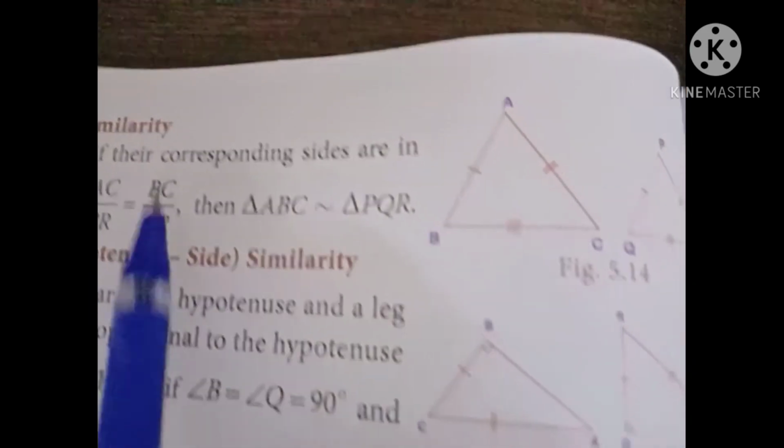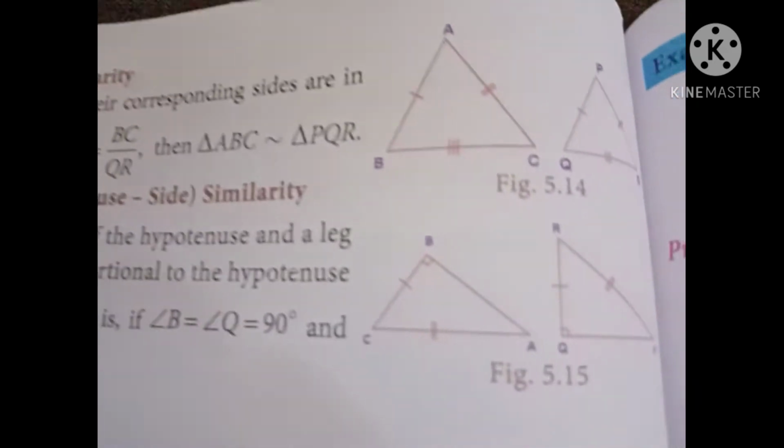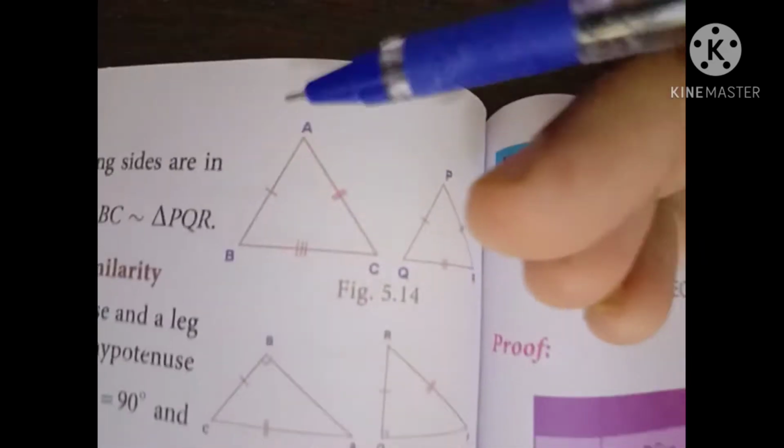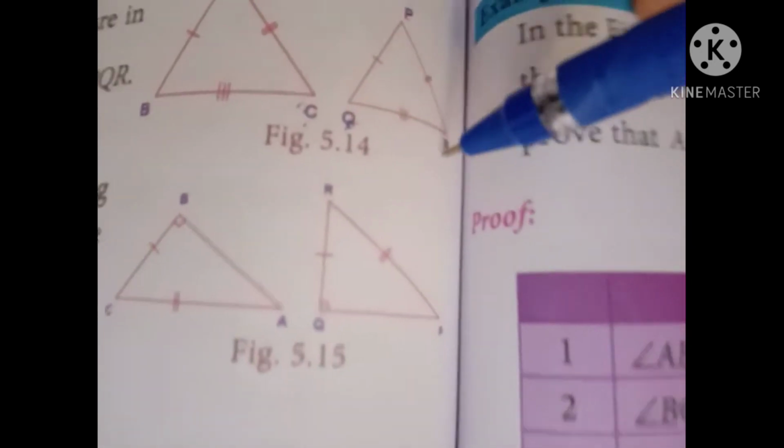Side similarity: if the corresponding sides are in the same ratio, then you can say the triangles are similar triangles. Example, AB is proportional to PQ, AC is proportional to PR, and BC is proportional to QR.